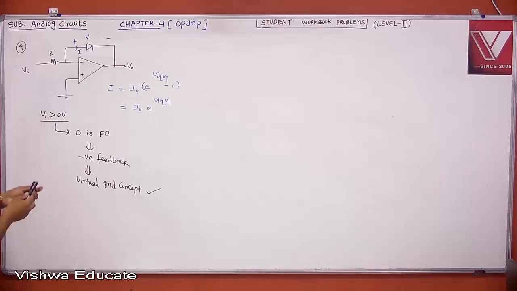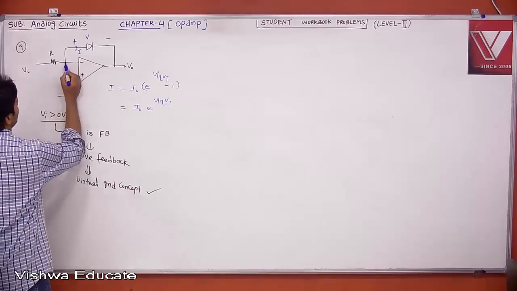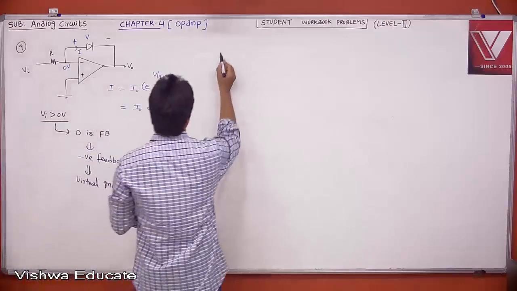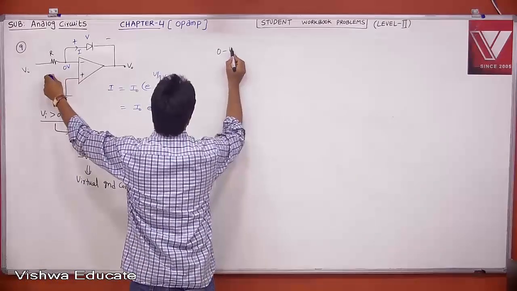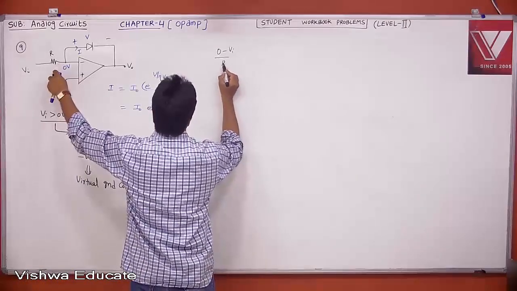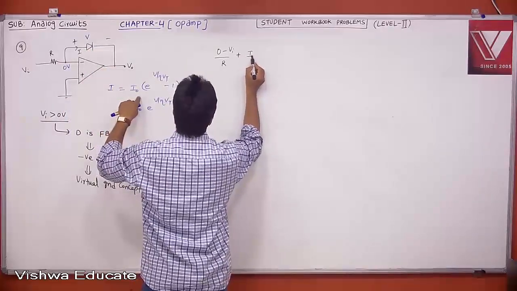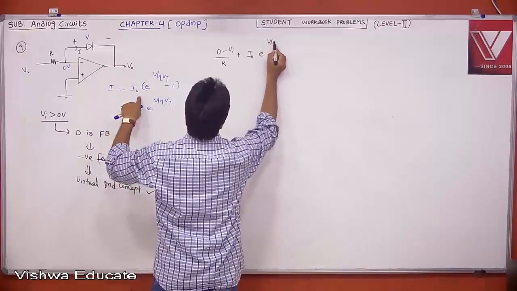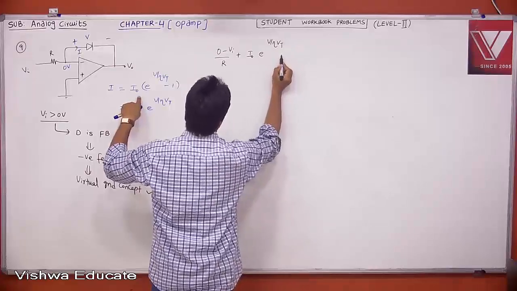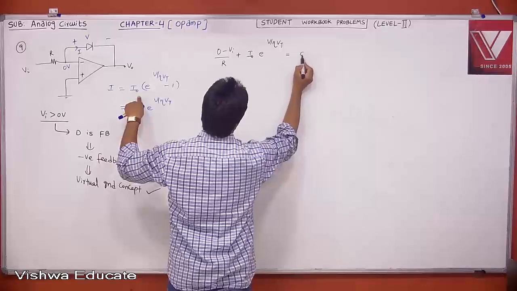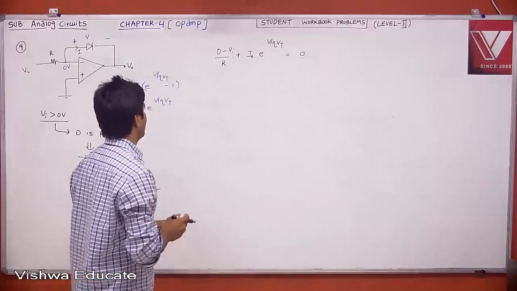Now, if you apply nodal analysis, this node is at 0 volt. Then 0 minus Vi divided by R plus the current flowing, which is I naught into e to the power of V by eta Vt, is equal to 0. I am neglecting the minus 1 approximately.